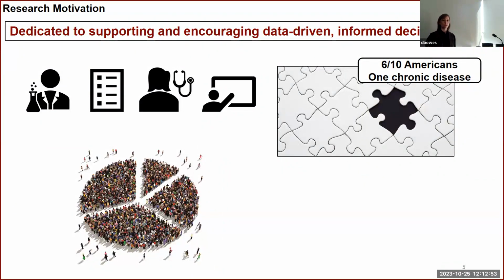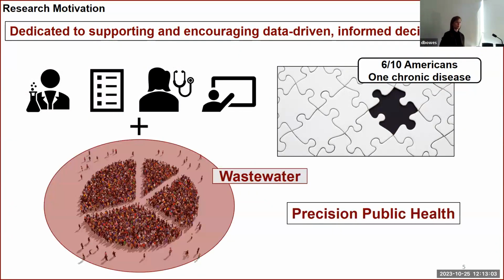So there must be something else that we can use to complement these data sources in order to operate at a pace that's comparable to disease incidence. And this is where I really feel that wastewater can fill in those gaps to promote a precision public health model. We have precision nutrition and medicine. Why not use this to tackle some of our biggest public health problems that we see today?